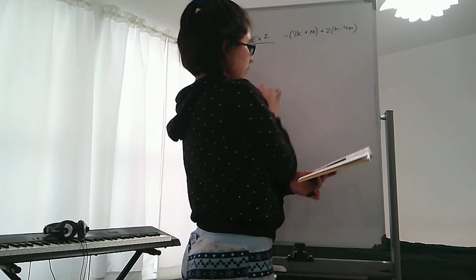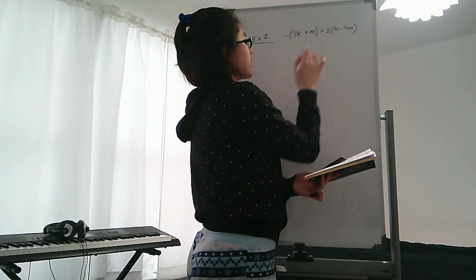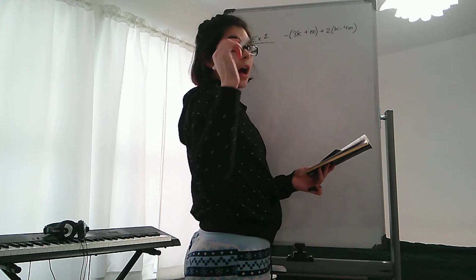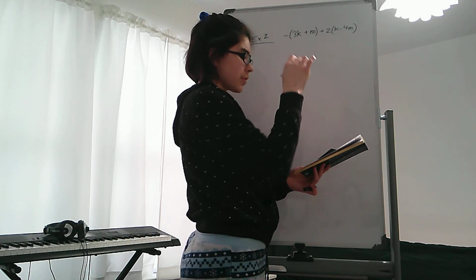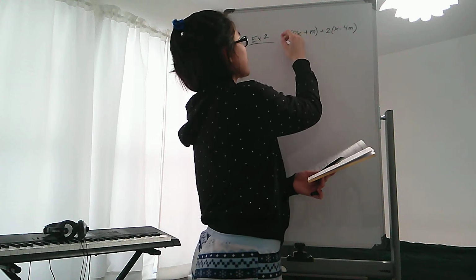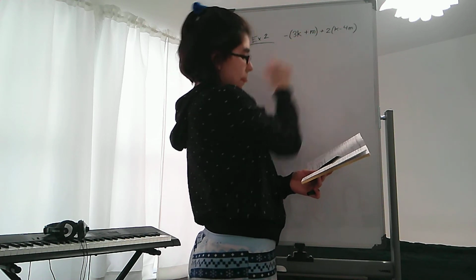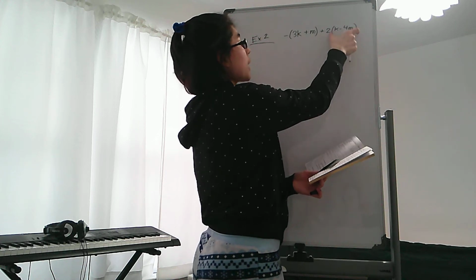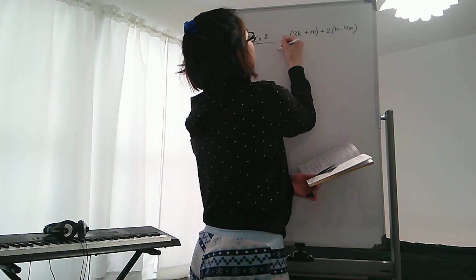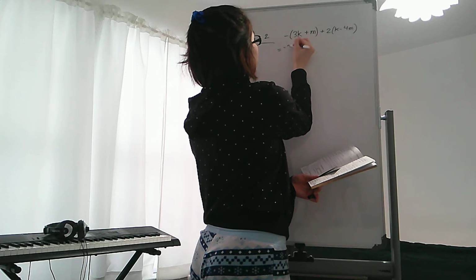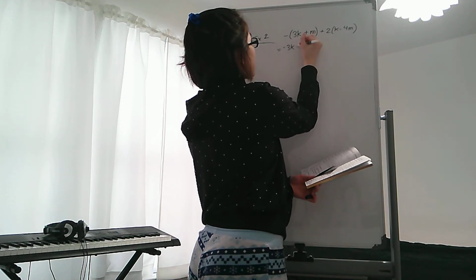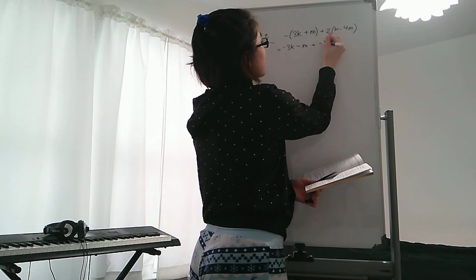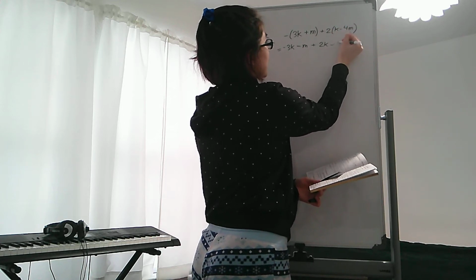So we're still going to think about how we're going to solve this. So using the opposite of a sum, when you have this negative sign outside a sum, we're also going to apply the distributive property over here as well. So to simplify, this is negative 3k minus m, okay, plus 2k minus 8m.